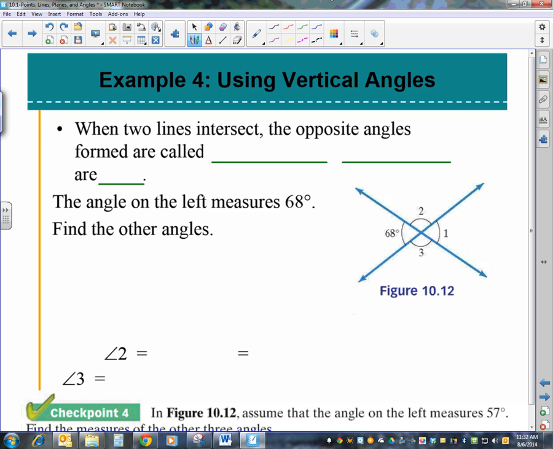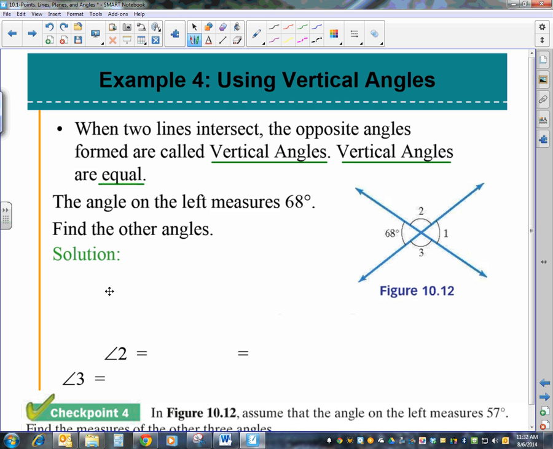All right, vertical angles. When two lines intersect and opposite angles are formed, the opposite angles formed are called vertical angles. And hopefully you can remember because you see a letter V in there. And you remember that all vertical angles are equal. So the angle on the left measures 68. Find all the other ones.